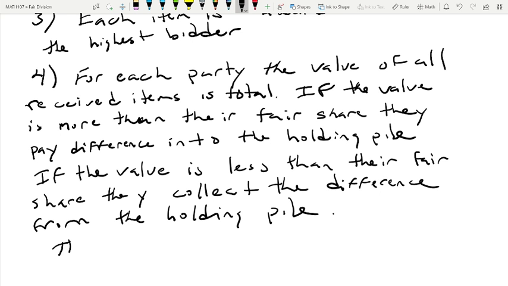And then this ends the initial allocation.